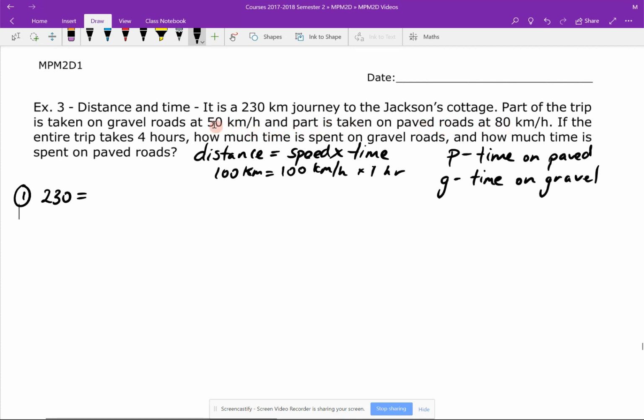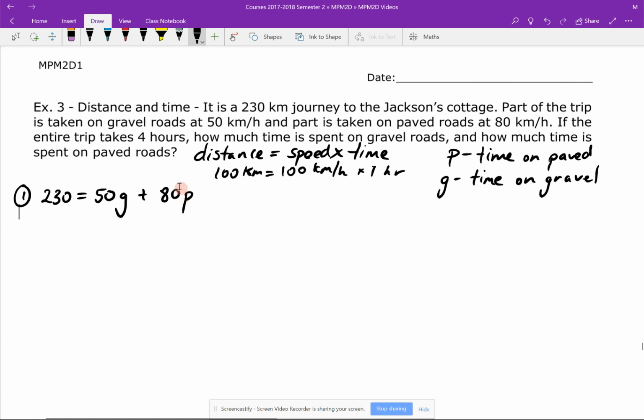So I have 50 times the time spent on gravel roads, plus 80 times the time spent on paved roads. Speed times time gives you distance.